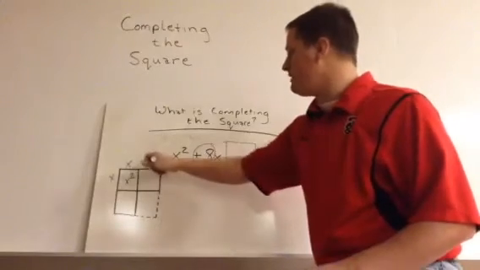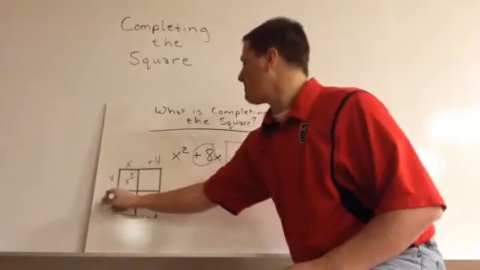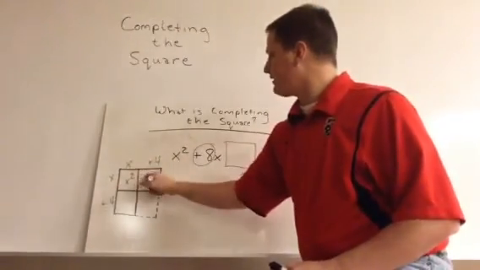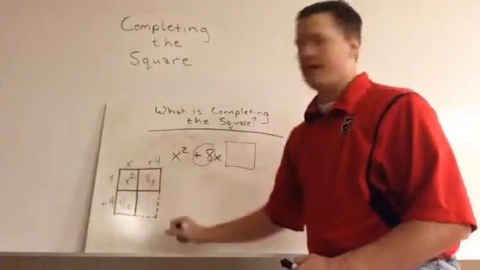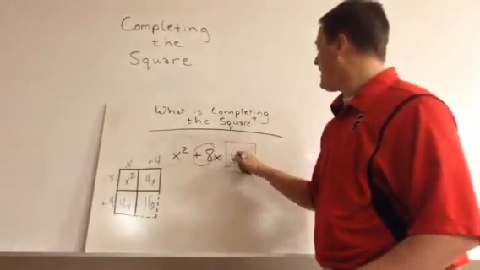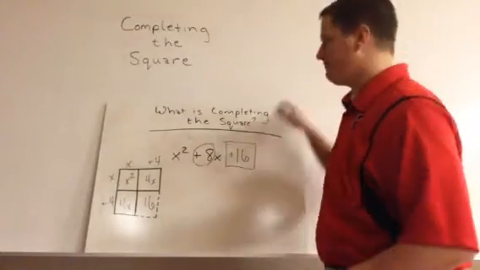So we've got a plus 8. We need positive 4. This is going to give us 4x and 4x. And to complete our square, 4 times 4 gives us 16. So what we have to do is add 16 here. This can be done in a lot of different situations.